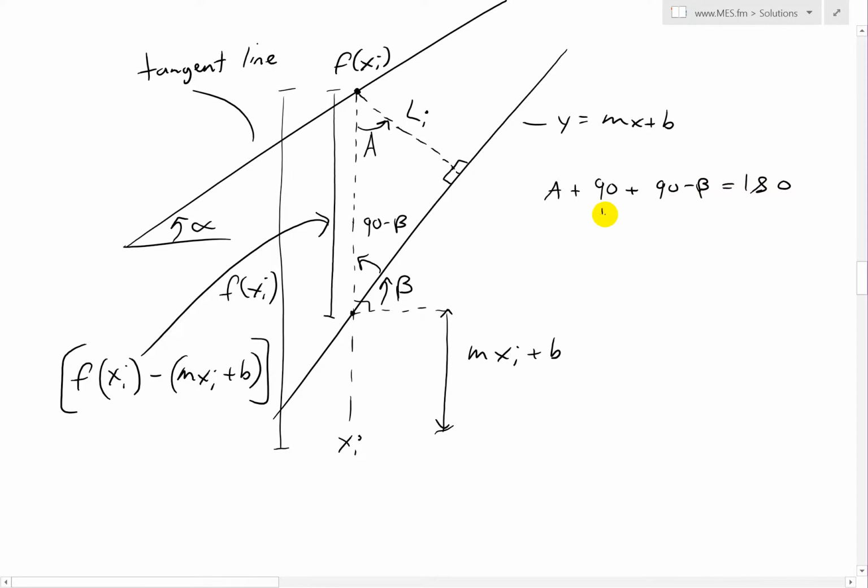So this is 180 right here. So the 180s cancel. We're left with A minus beta equals 0. So A equals beta. So this equals beta.